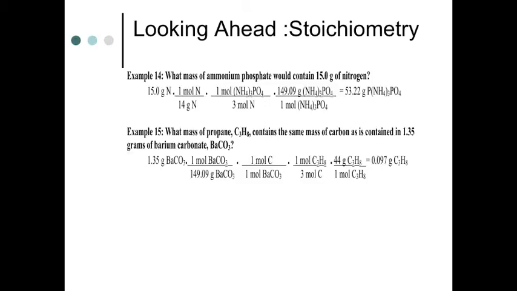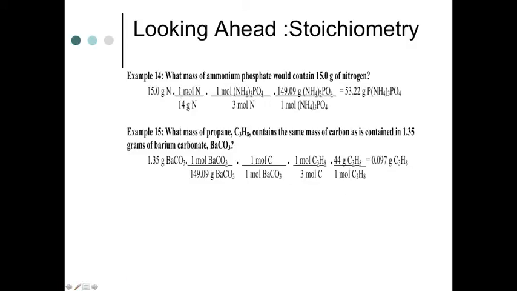So I wanted to point out why we're learning the factor label method. And that's because if you look at some chemistry problems that you'll be doing when you become a junior, you can see a lot of similarity in the process of solving a lot of chemistry equations with what we just did. Maybe the units look different to you, but the process should be pretty similar.